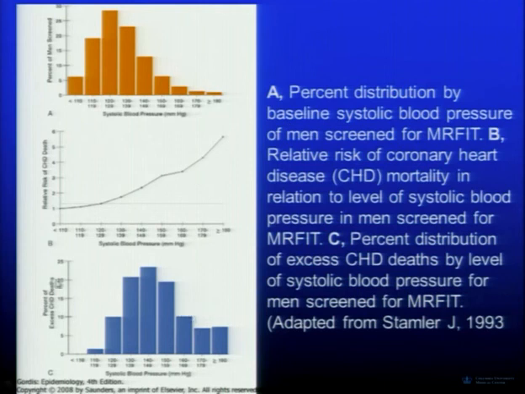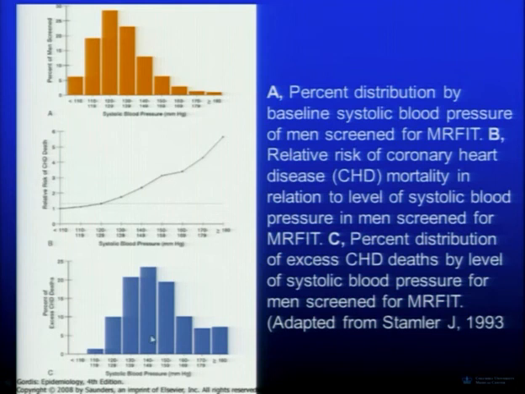Then if you look here, it's the percent of excess coronary heart disease deaths. So again, if we use that 140 cut point, which up here was about 25% of the population, if we look here, all of these bars here are included. So about 2/3 of the excess coronary heart disease deaths are related to those with higher blood pressure, which was only about 1/4 of the population.